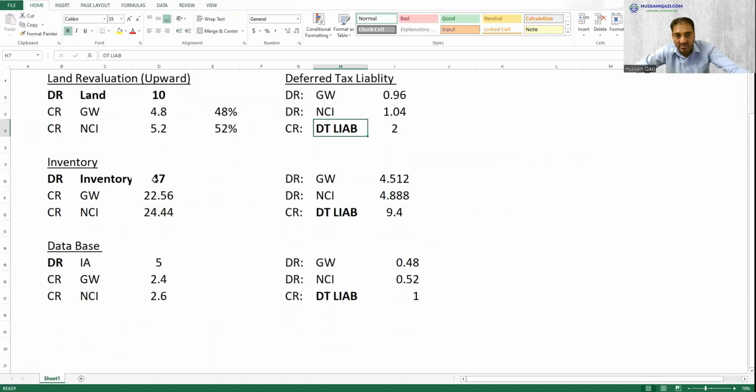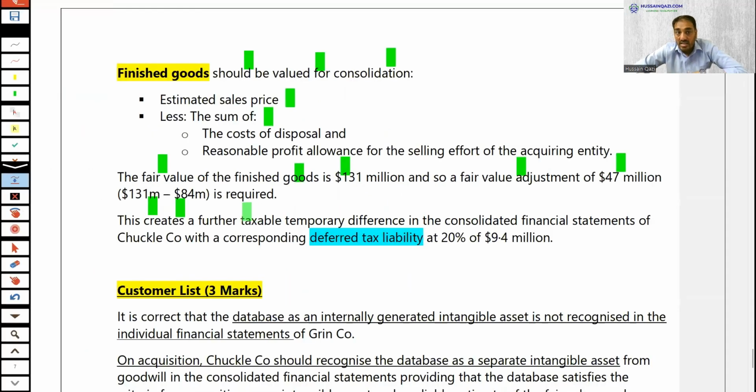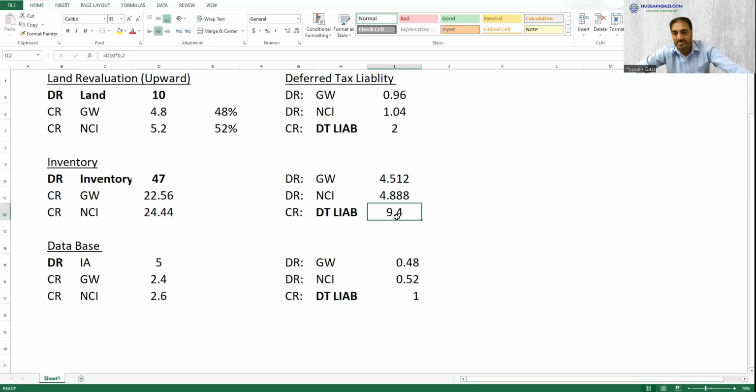That's the same as we have done, 47 fair value adjustment. This creates a further taxable temporary difference in the consolidated financial statements of Chuckle with a corresponding deferred tax liability at 20%, 9.4. Same, we have done this.